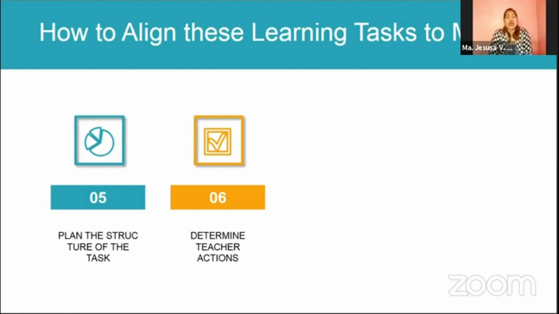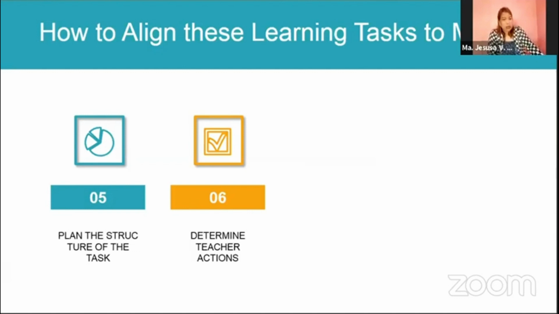Okay. So the question now is, how are you going to align this task to MELC? I have here an example. Actually, I was not able to type this because my plan is just to share it with you.